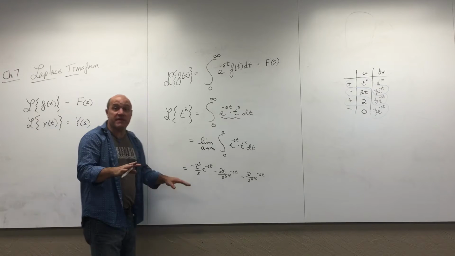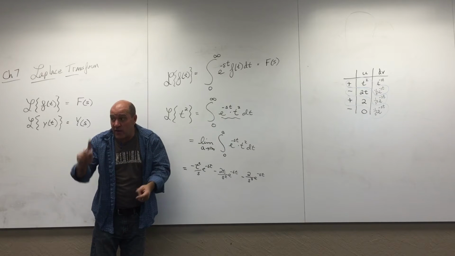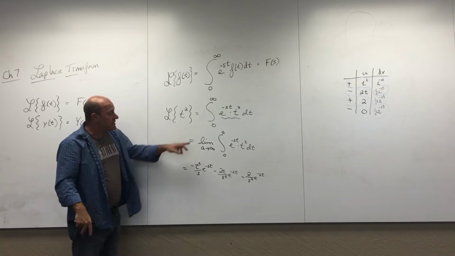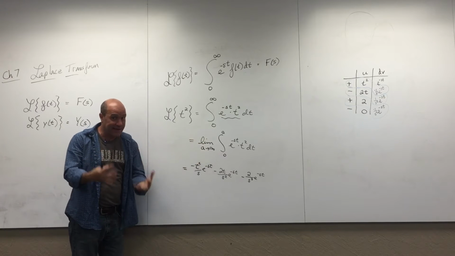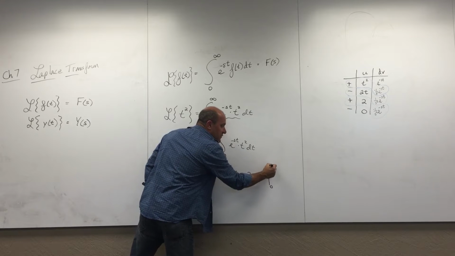Wait a minute, now the integral needs to be evaluated from 0 to a. After we evaluate it, we will then, lastly, take the limit as a goes to infinity and get an answer. But first we have to evaluate from 0 to a.